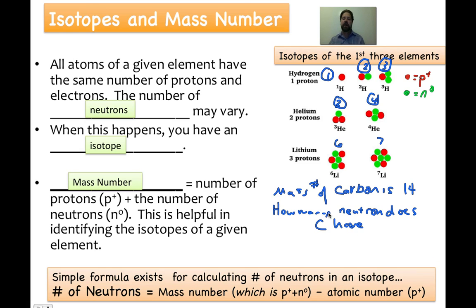So how would you do it? Well, if the mass number is 14, we're just going to subtract the atomic number from it. So 14 minus 6 equals 8. So it would be 8 neutrons.